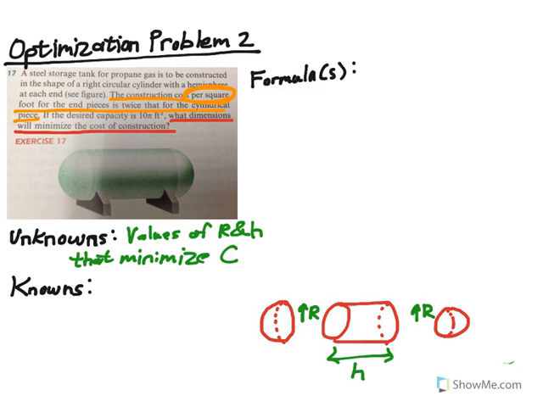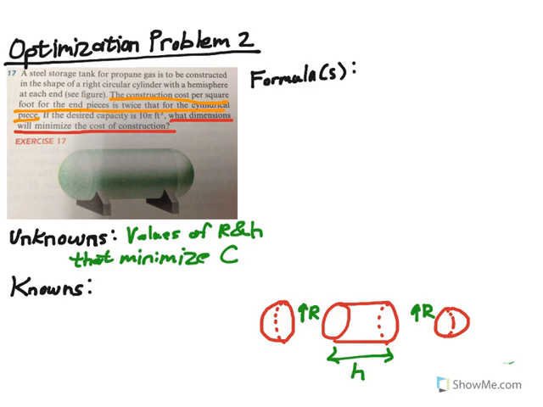In other words, if you have twice as much of one thing, you have twice as much of another thing. In this case, if we have twice as many square feet, we have twice as much cost. If we have 20 times as many square feet, we have 20 times as much cost. So what that means is that the cost per square foot for the end pieces is twice that of the cylindrical pieces.